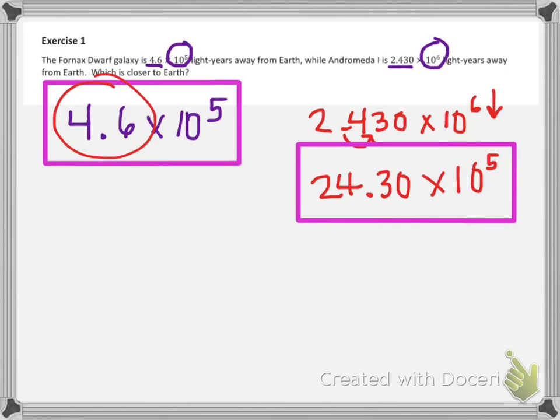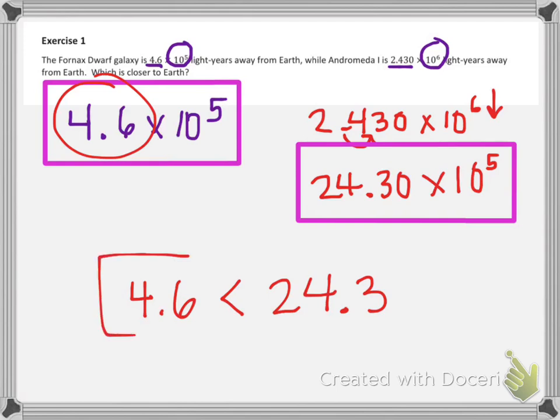So this 4.6 is less than 24.3, so the one that's closer to the Earth is the smaller number. So this is the smallest, and that means the Fornax dwarf galaxy is closer to Earth. So that's simple. As long as we can make our power of 10 the same exponent, then we just compare the other numbers that we're multiplying by.